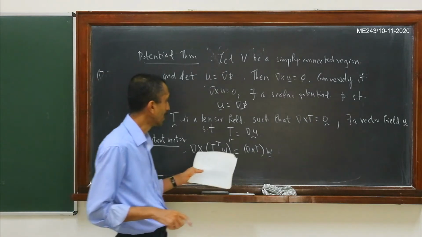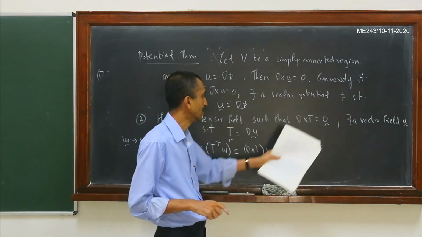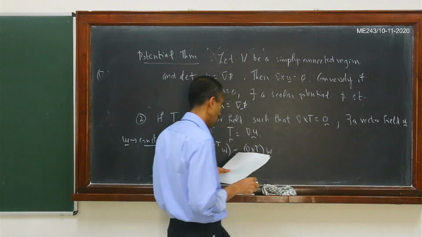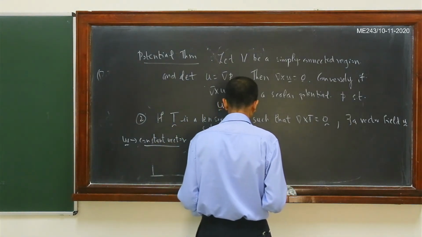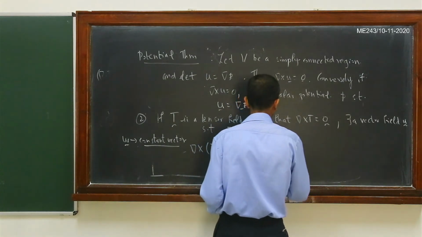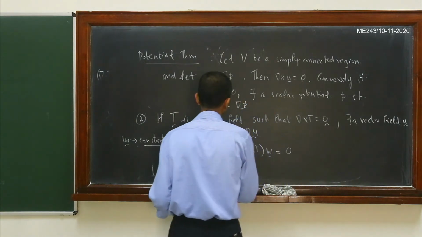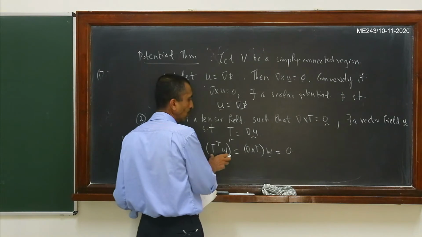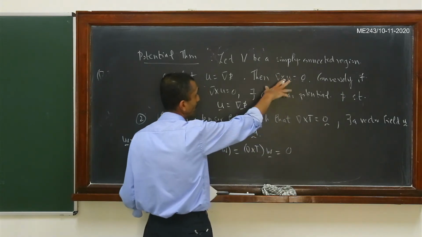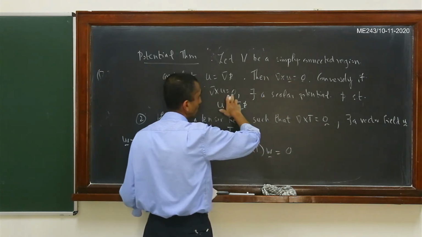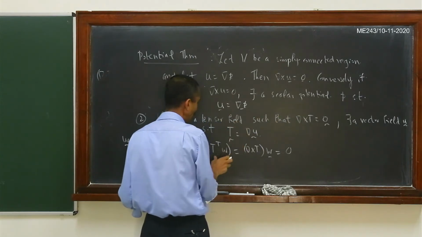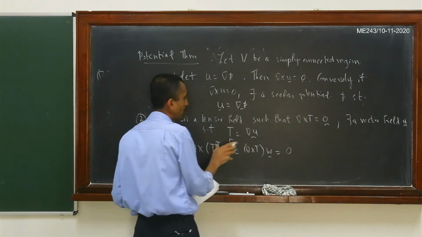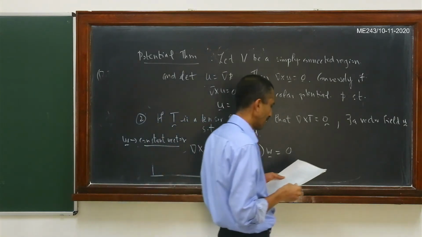So now in this particular case, your del cross T is 0. So this right hand side will go to 0 here. So you will have that this is equal to 0. And then now we have del cross some vector u is equal to 0. So from the previous result, if del cross u is equal to 0, then there exists a potential such that u is equal to del phi. So this T transpose W is equal to del phi because of this particular result.